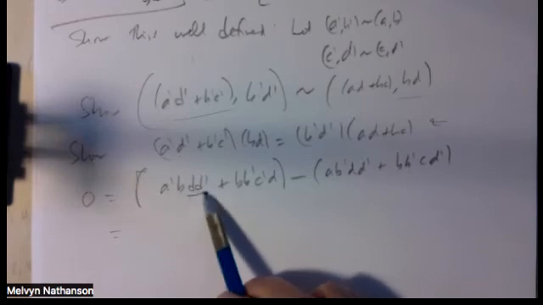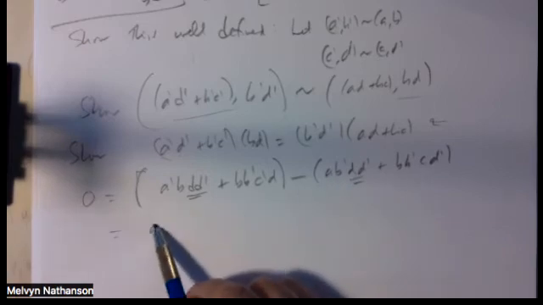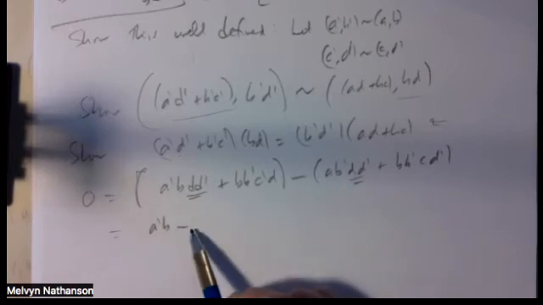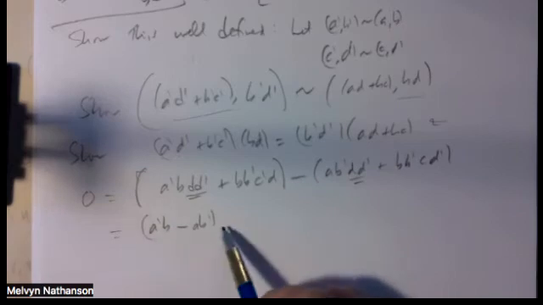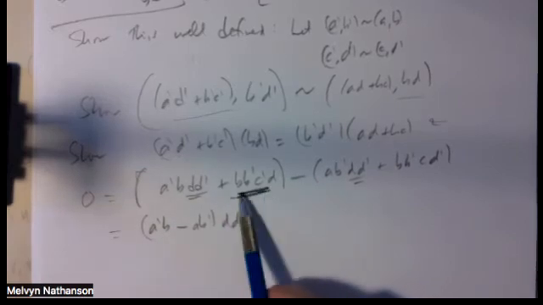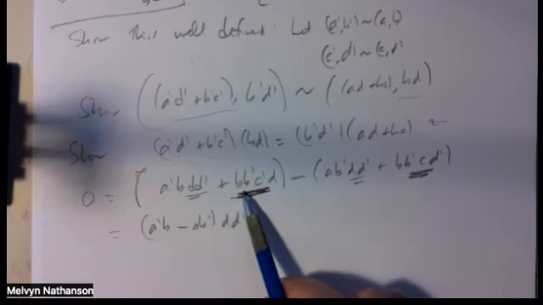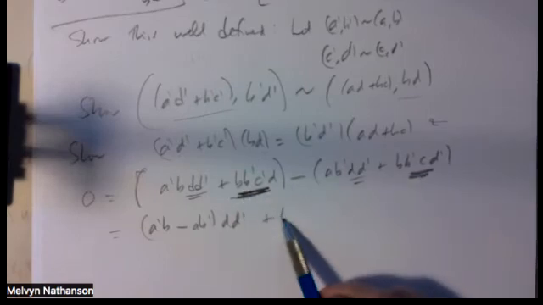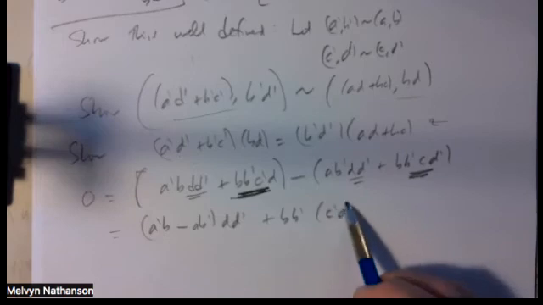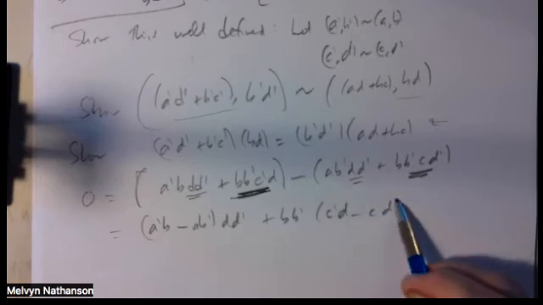And if I look at this very carefully, here I have a DD prime and here I have a DD prime. If I factor that out from these two terms, I have A prime B minus AB prime, times DD prime. And from these two terms, I can factor out a BB prime. So plus BB prime, C prime D minus CD prime.